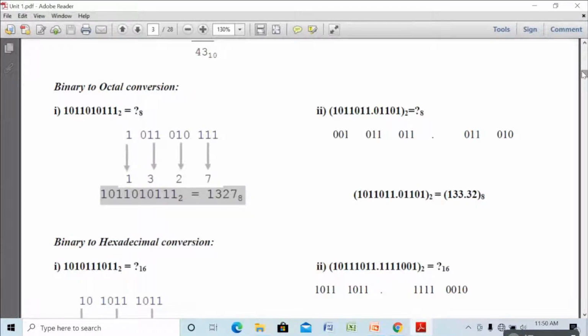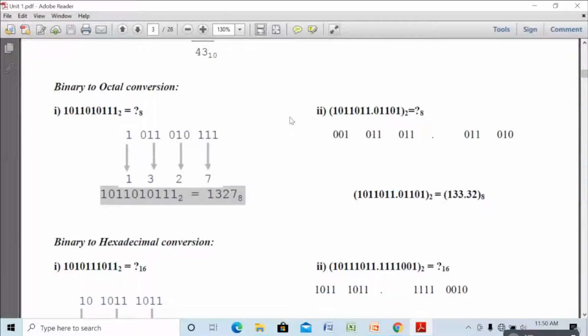Then we will move on to binary to octal conversion. It is very simple. If you want to convert a number to octal, you have to separate the number into groups of 3 digits. If it is fractional, we separate the 3 digits from left to right.